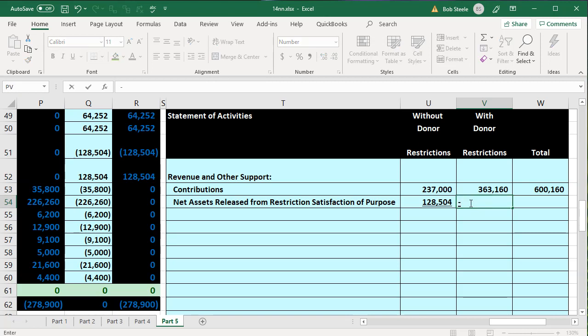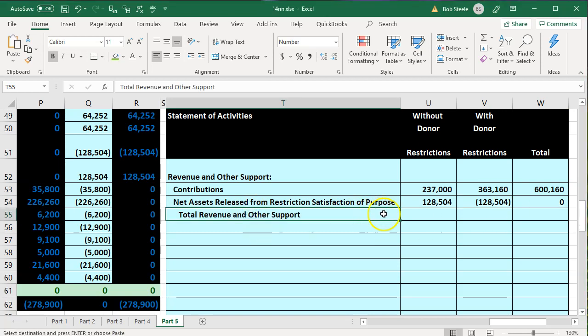So I'm going to say negative of that number to show here it's a negative sign. So I could be a little bit confused. The net, of course, between the two of them is 0 because it's kind of like an intercompany type of transaction, an interfund type of transaction. It's going out of with restrictions to the area that is without restrictions. Okay, so that's going to give us our total revenues and other support.